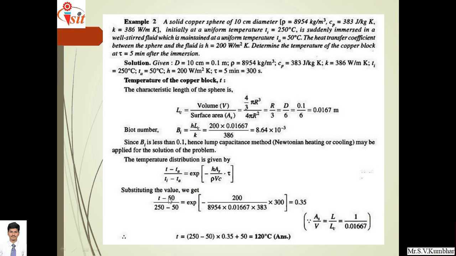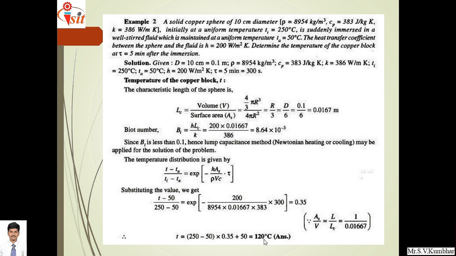So T minus 50, that is ambient temperature, upon initial temperature 250 minus 50, equals exponential of minus 200 upon 8954, that is the density, into 0.01667, that is the volume, into 383, that is Cp, into 300. This value comes to be 0.35. And after solving this we will get temperature after 5 minutes, that is 300 seconds, as 120 degrees centigrade.